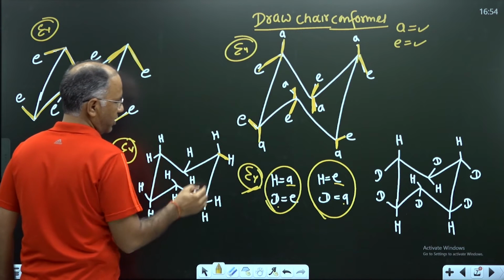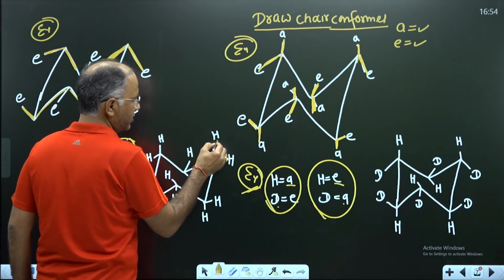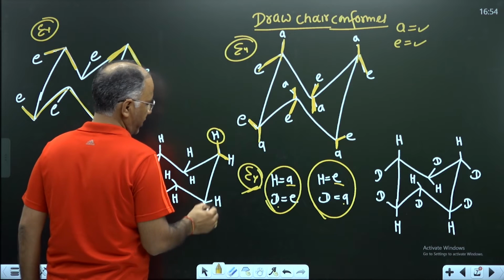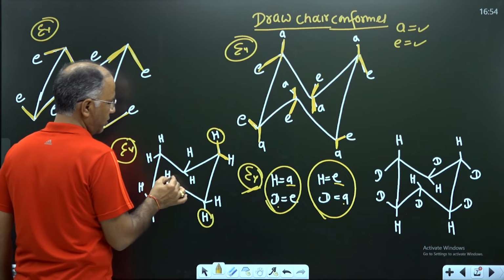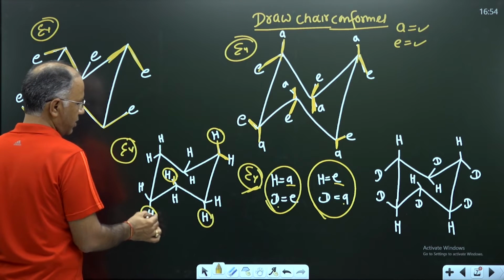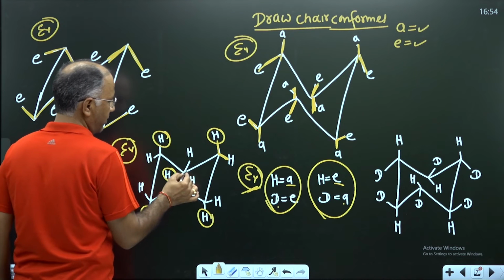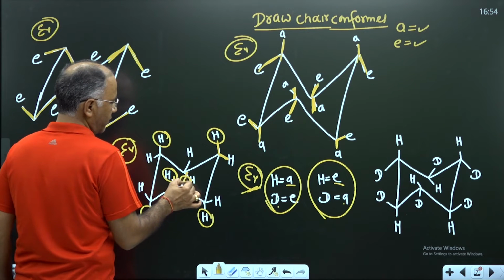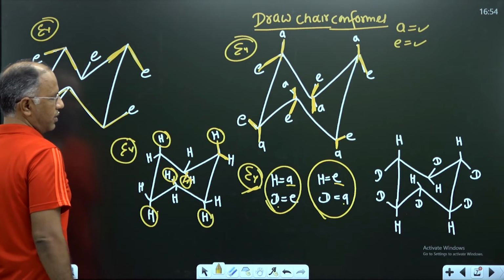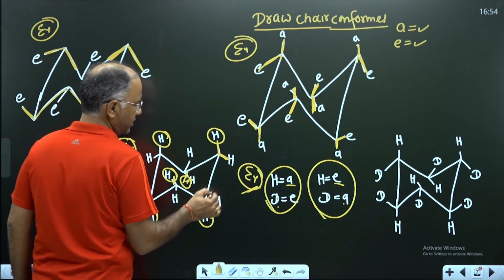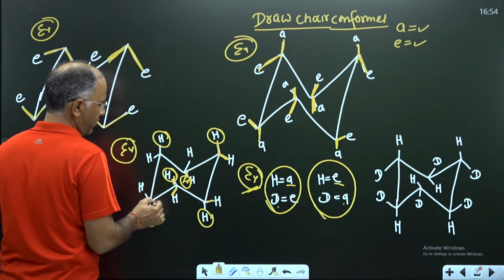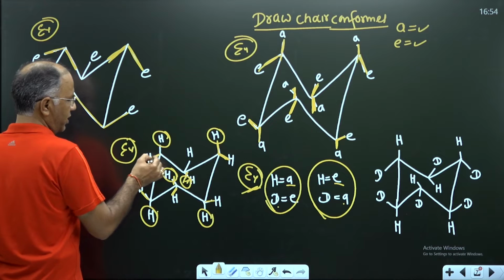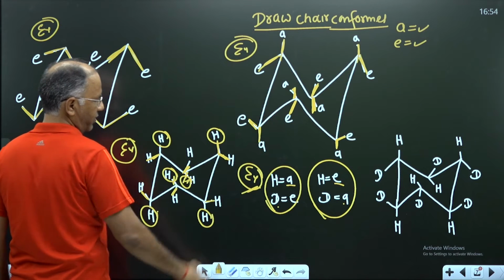This is hydrogen. First it is easy to draw axial bonds. Axial up, down, up, down, up, and down. Then draw equatorial. This equatorial, equatorial, equatorial, equatorial, equatorial, and equatorial.